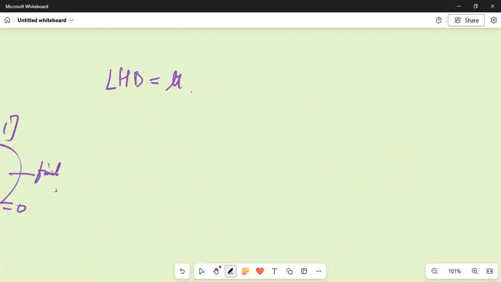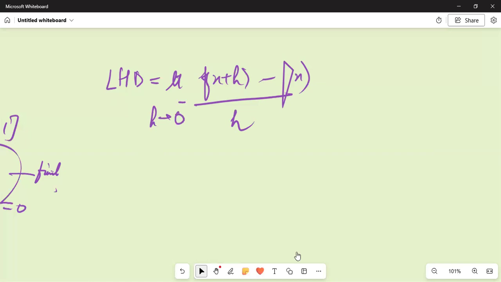Let us compute the left-hand derivative. So h is going towards 0 from the left-hand side. Since we are computing at 0, x is 0 here, and f(x) is 0 at 0.